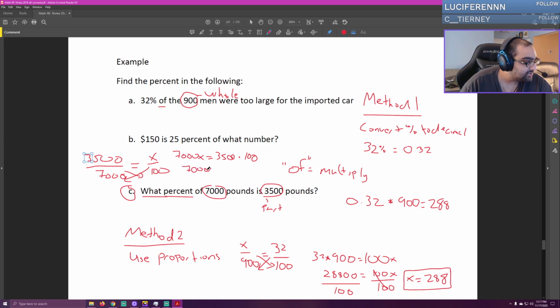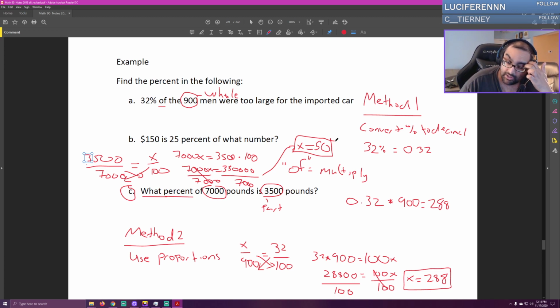So we get 7,000x equals 350,000. Divide by 7,000 on both sides. Sorry, I'm doing this fast here. So here we get x is equal to 50. It's a little messy, but there you go. So 50% is the correct answer.